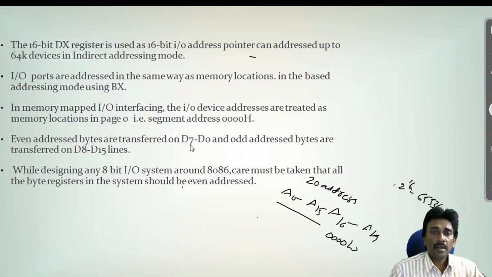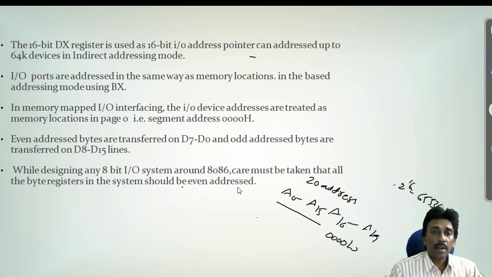Even address bytes are transferred on D0 to D7, as just discussed, and odd address bytes are transferred on D8 to D15. While designing an 8-bit IO system around 8086, care must be taken that all the byte registers in the system are even addressed. So engineers always practice mapping the IO devices to the 8086 microprocessor with even addressed memory, particularly in an 8-bit IO system.